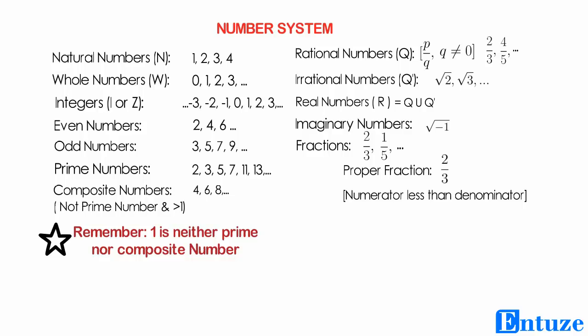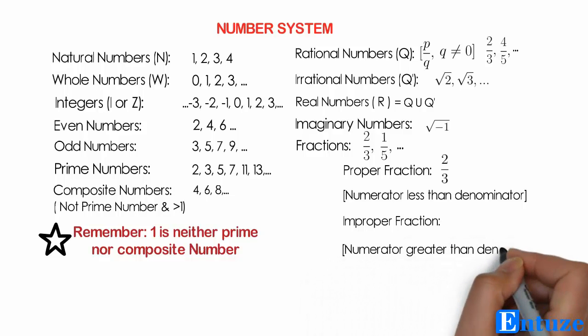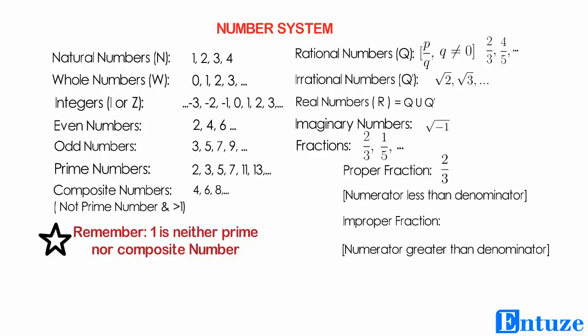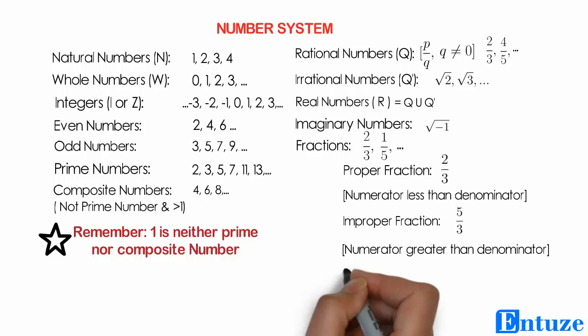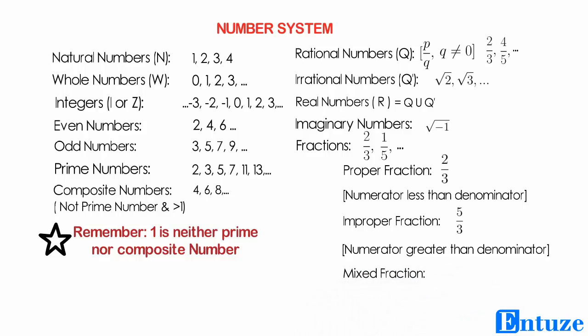Next is the improper fraction. The name itself specifies that the numerator is greater than the denominator. So 5 by 3 is one example of an improper fraction. Next type of fraction is called a mixed fraction.